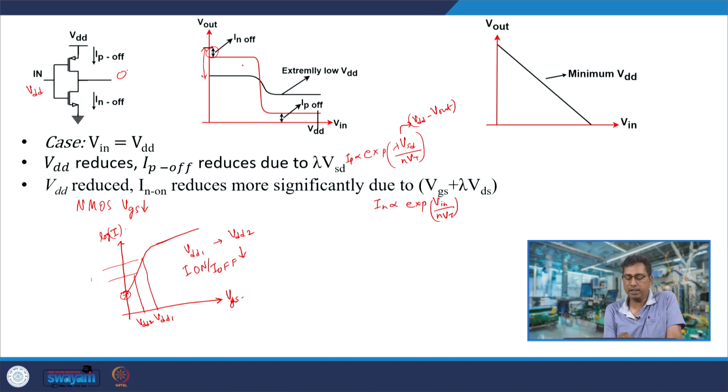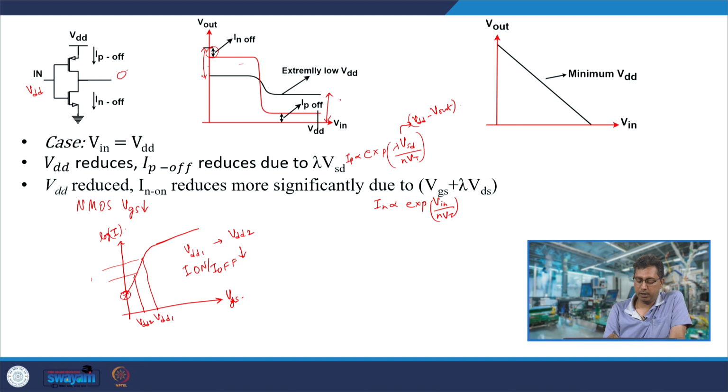This is an exaggerated figure, but you would find that the highest value of logic 1 and the lowest value of logic 0 get compromised if Ion by Ioff ratio reduces. This difference gets increased.